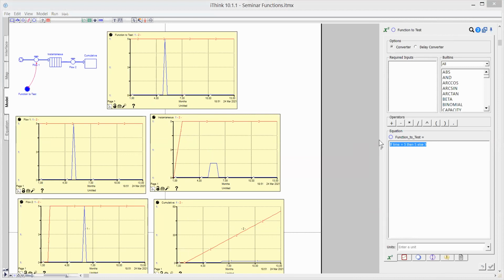So let's try a pulse function. And let's do 5, 5. And let's run that pulse function.